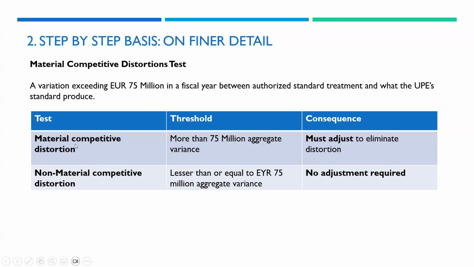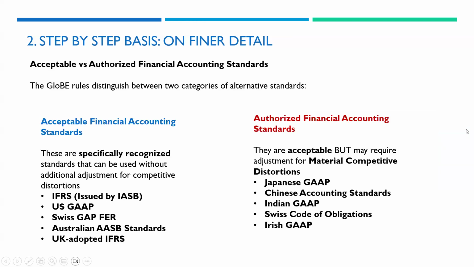So if the material competitive distortion is more than 75 million in aggregate, if you are using an authorized financial statement and it has more than 75 million in aggregate variance with UPs or with an acceptable financial statement, then you must adjust to eliminate that distortion. If it is equal to or lesser than EUR 75 million, then no adjustment is required. So this is additional that has to be done if you are using these standards.